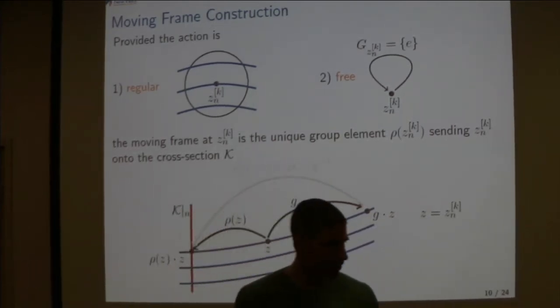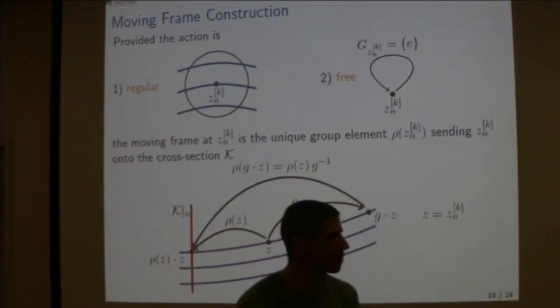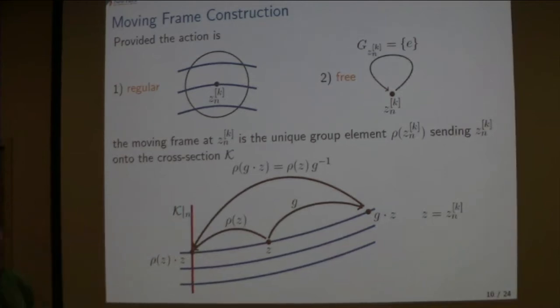Could you explain the definition of regular one more time? Because I didn't think I understood. Yes. So we have a space, and we have a group which acts on it. It will foliate the space. For the action to be regular is a constraint on the foliation of our space.